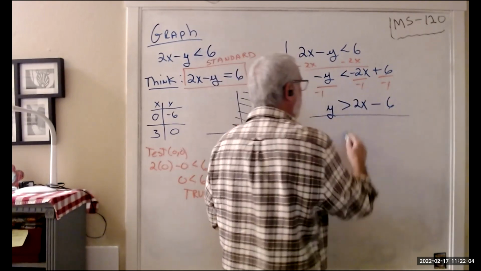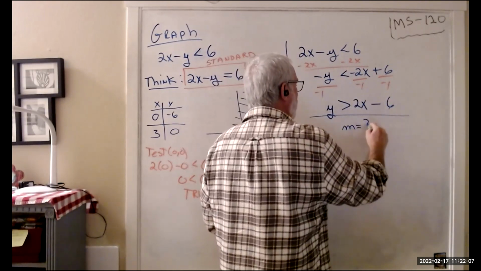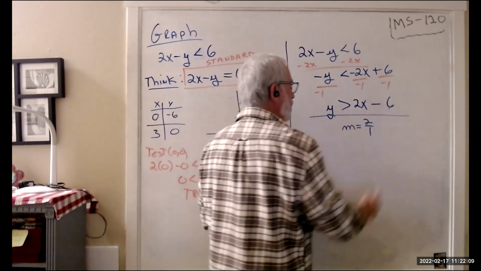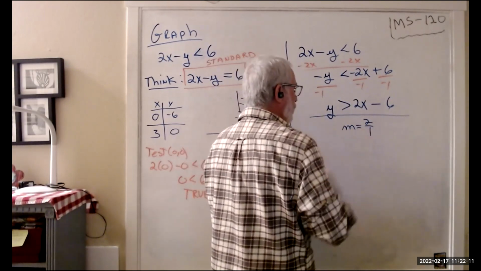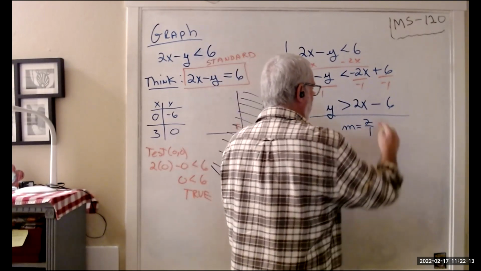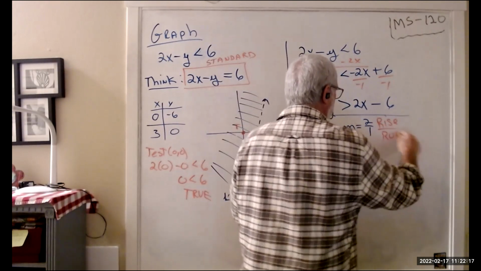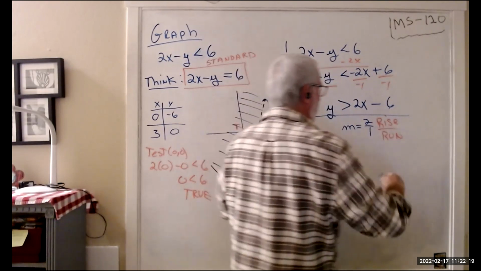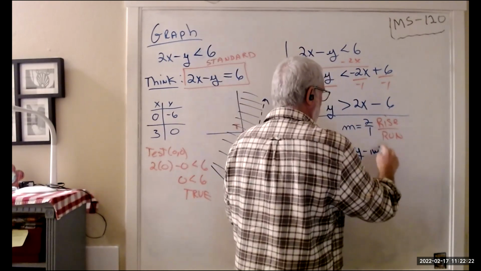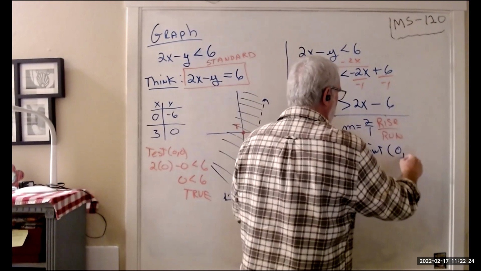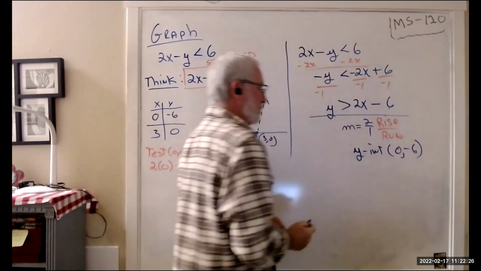Now, my slope is 2 over 1, so I'm going to have rise over run for that. And my y-intercept is 0, -6.